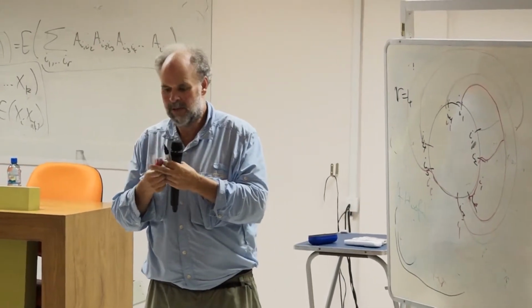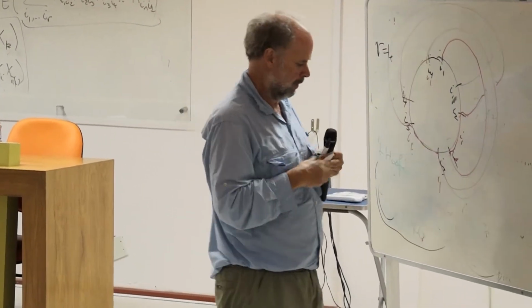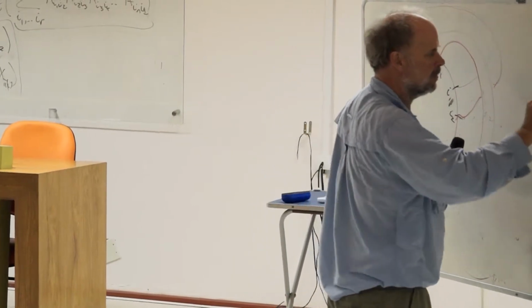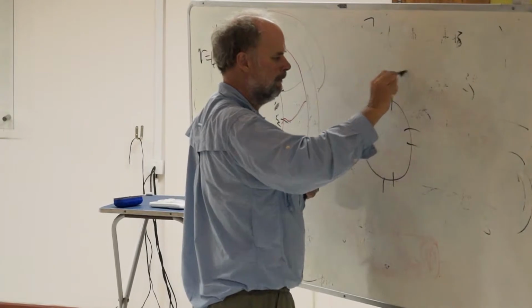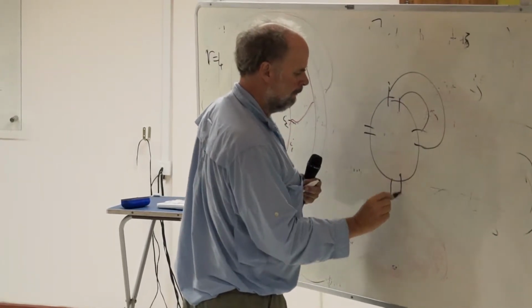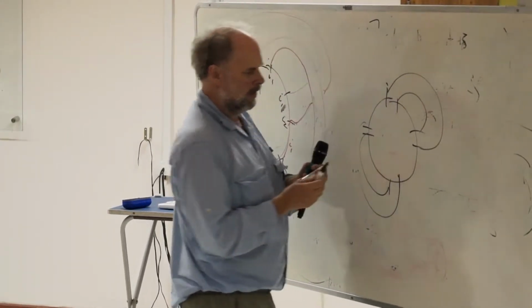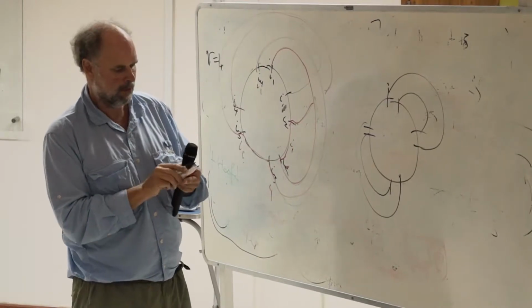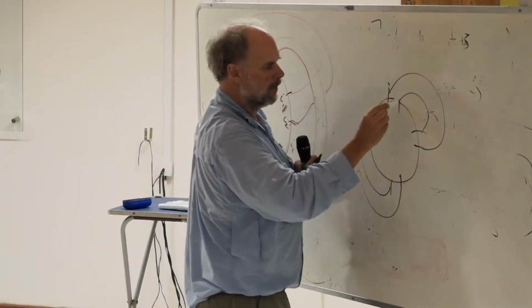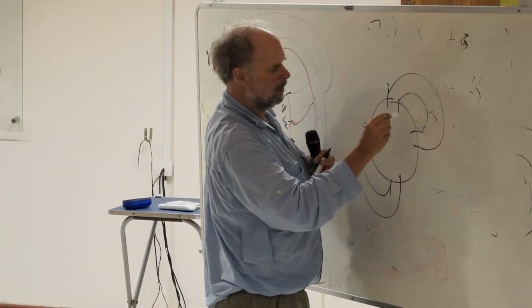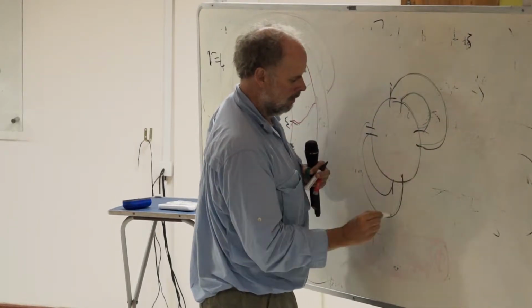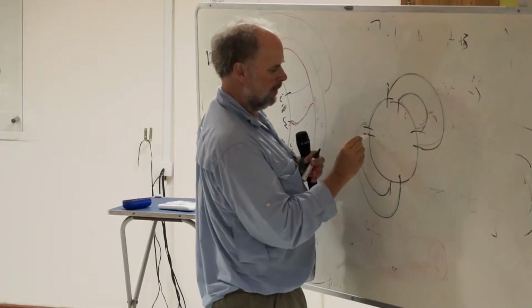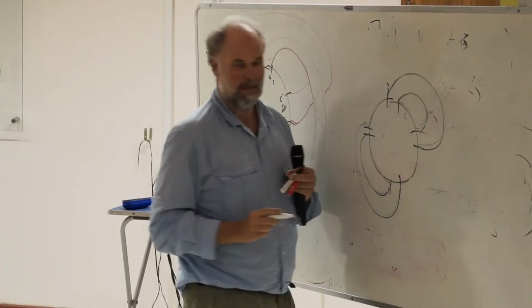Right, now how could you avoid that? Well, you could try a different pairing. And let's try this pairing here. All right, now if the indices have to be constant along the edges of this thing, then this is a free index, and then this is a free index, and then this is a free index.